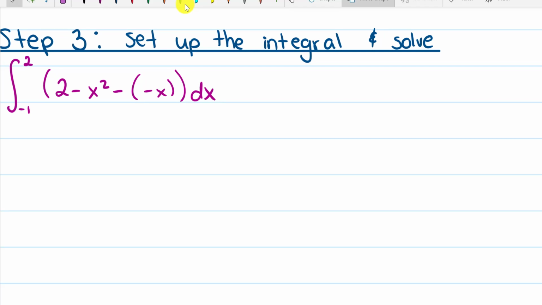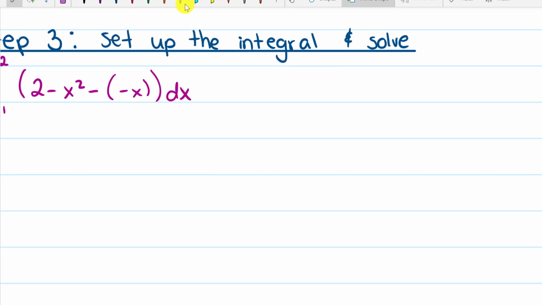If we want to solve for the y values of the intersection, then we'd integrate on dy. But that's just a little bit different, but we'll do that later. So this becomes the integral from negative 1 to 2 of 2 plus x minus x squared dx.